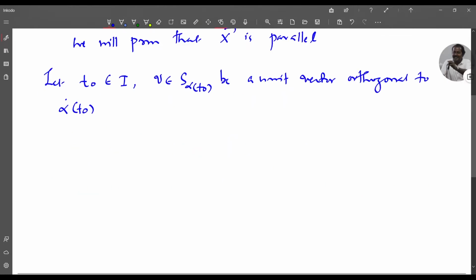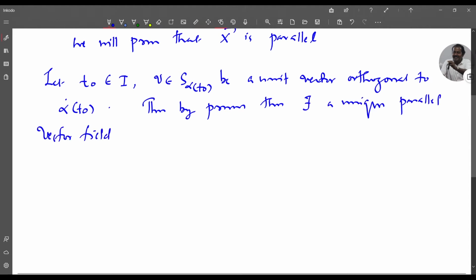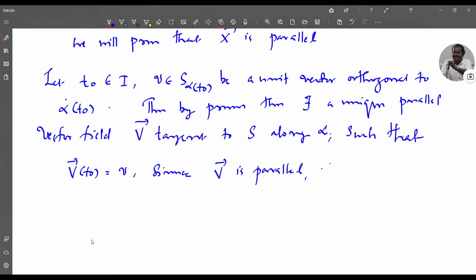Then by the previous theorem, there exists a unique parallel vector field V, capital V, tangent to S along alpha. We have norm V is a constant.